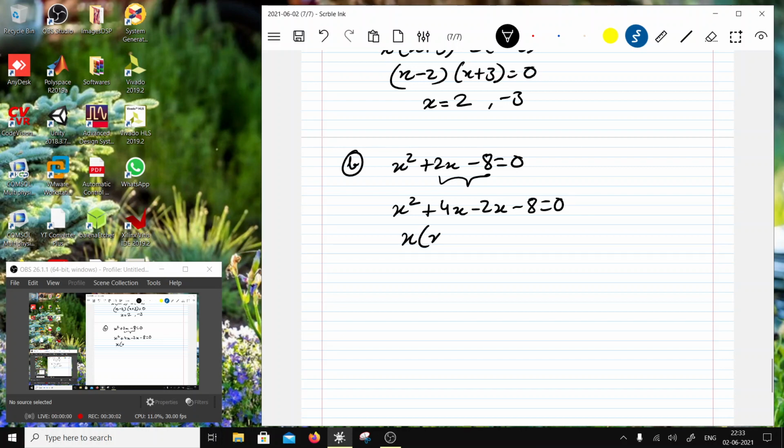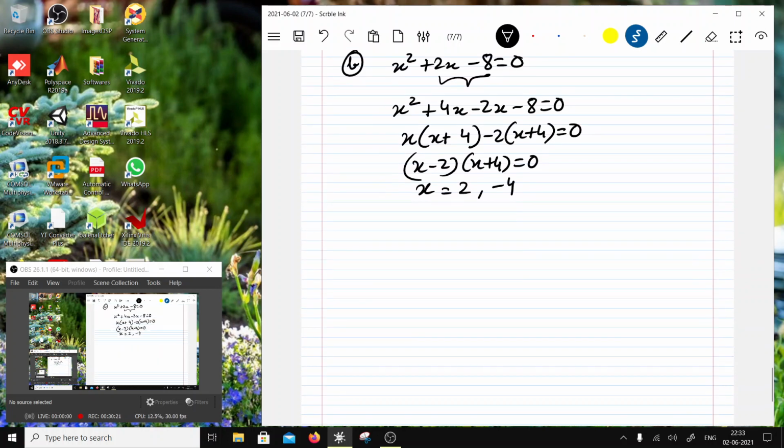So I can say x into (x plus 4) minus 2 into (x plus 4) equal to 0. So (x minus 2)(x plus 4) equal to 0. So x is equal to 2 or minus 4. Correct?